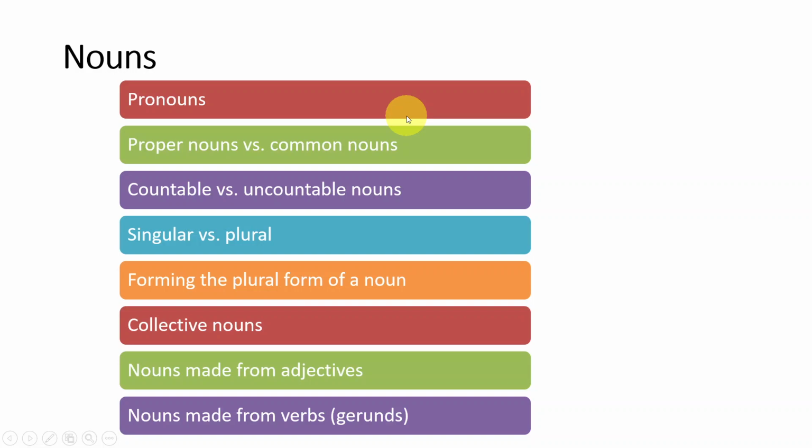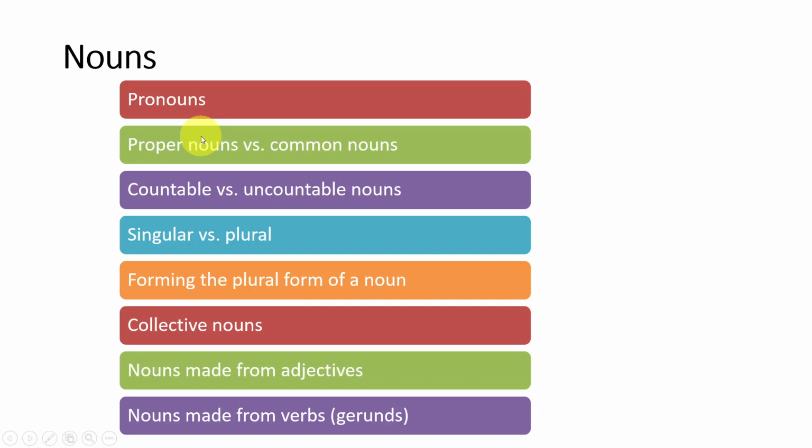There is a special type of noun called pronouns, and we can use those pronouns as a subject, object, possessive form, reflexive form, and there's a separation called first person, second person, and third person. Then we can do another classification called proper nouns and common nouns.